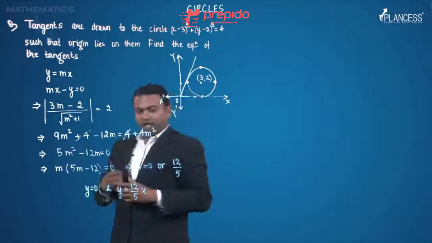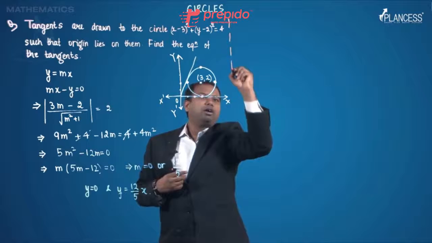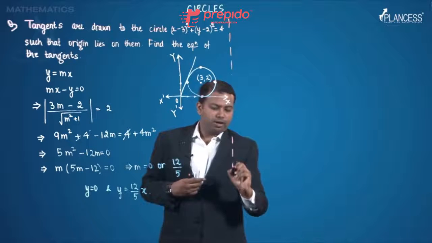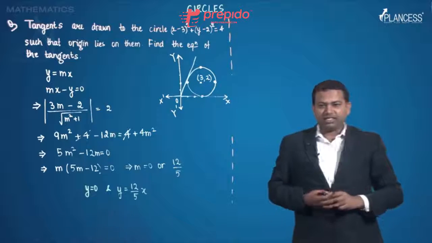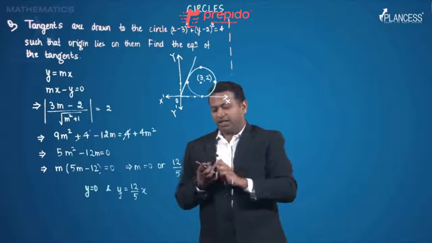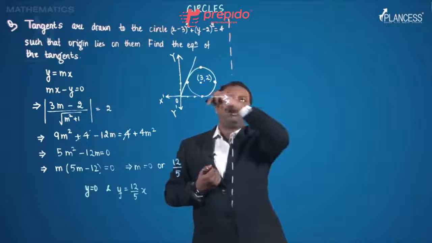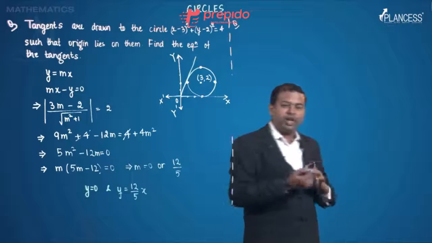So, in the next question, let us say we are given that there is a circle. I would not write the complete statement of the question. I am just going to explain it to you.